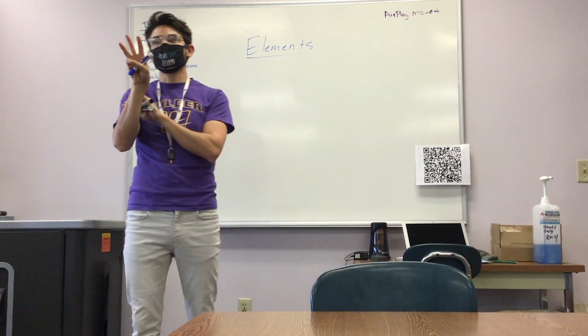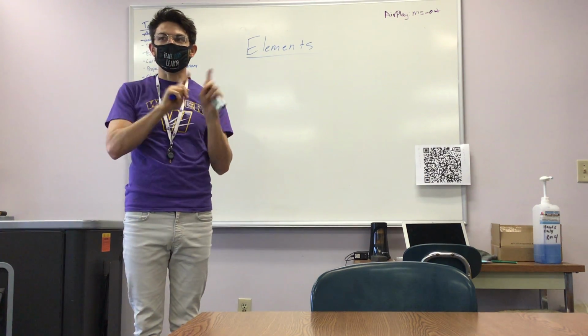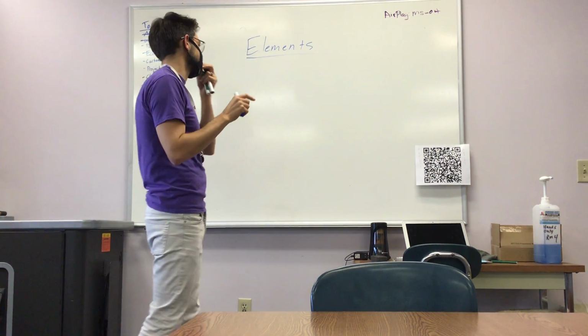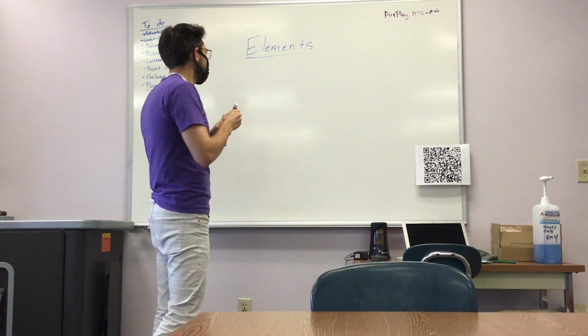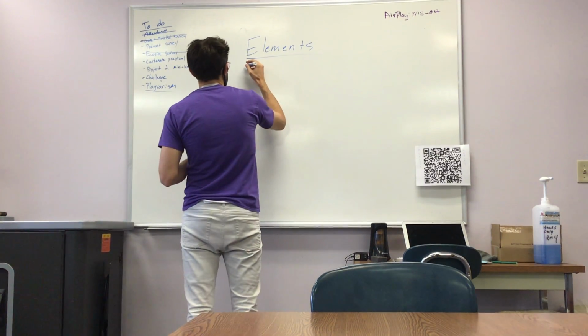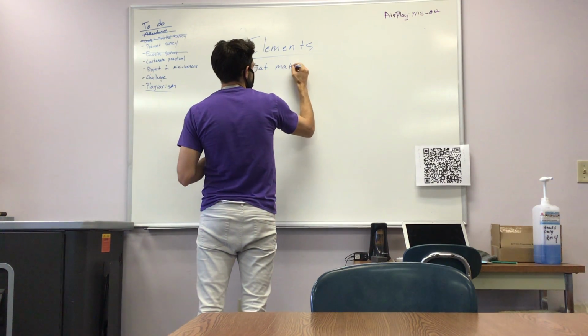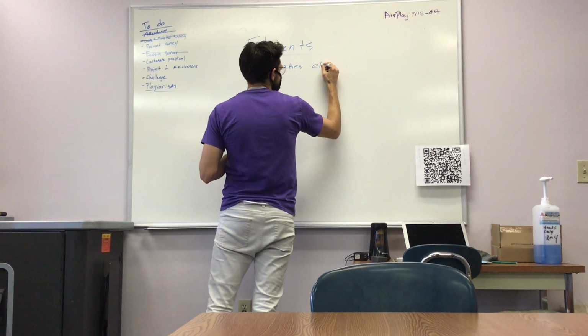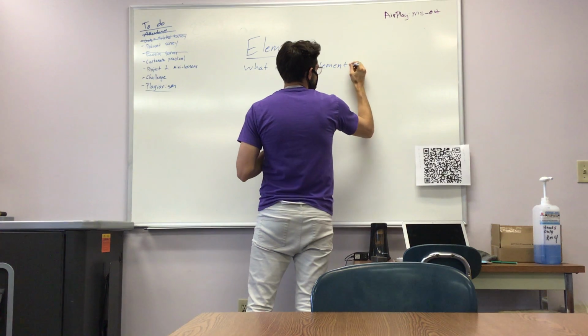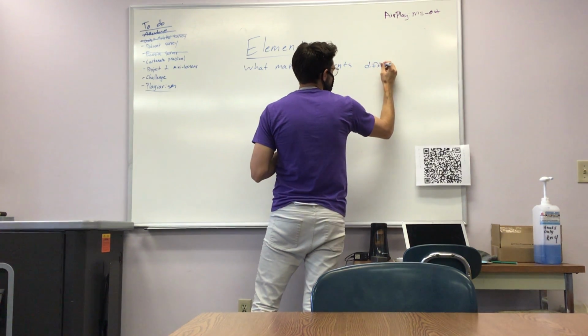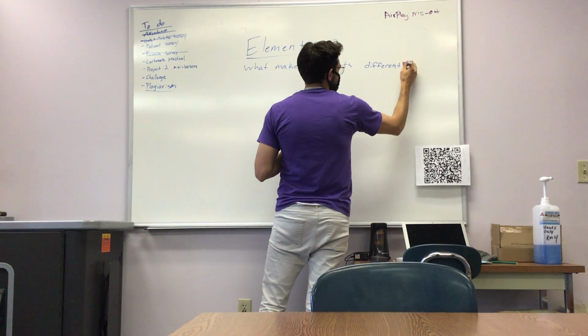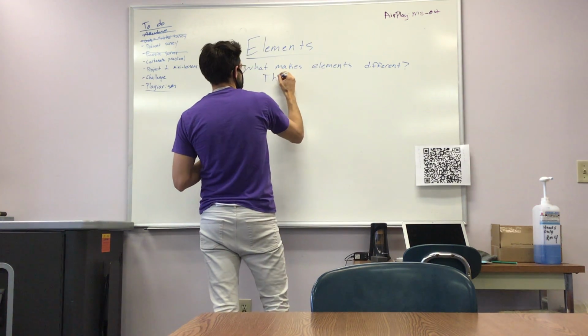Even though there's 3 types of subatomic particles, when we're looking at different elements, it's always about the protons. So one of the questions is what makes elements different? And the answer to that is the number of protons.